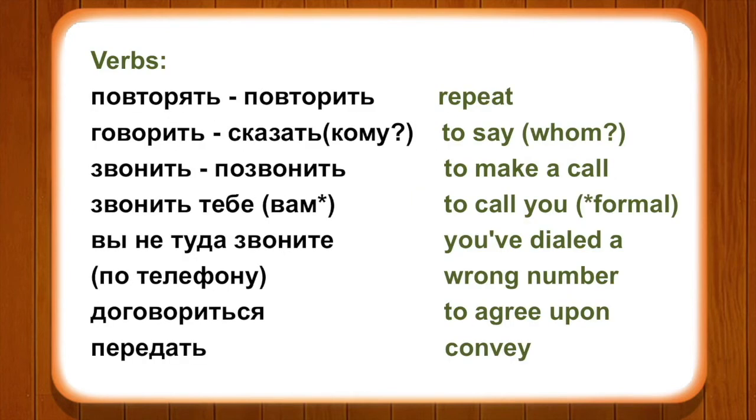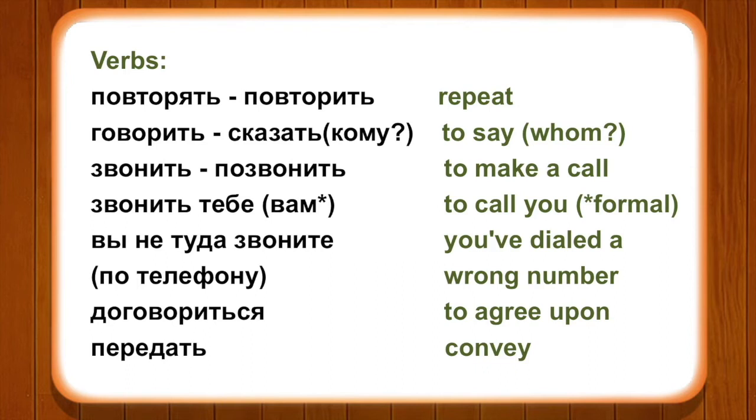The verbs like повторять, повторить, that is to repeat, говорить, сказать, is to say, звонить, позвонить is to make a call to someone. The verb pair also has the question кому. To whom?